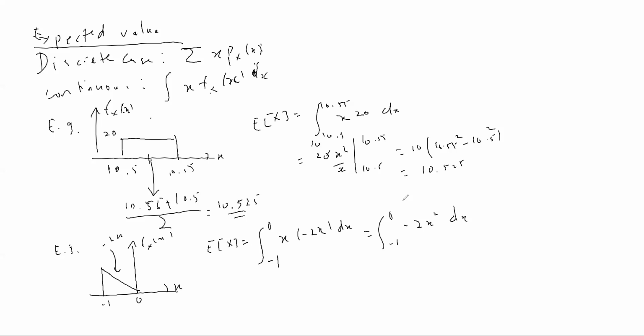So let us check whether we are correct or not. So what you get here is negative 2x cubed over 3 from negative 1 to 0. So that means what we get here is 0. It's actually at the end 2 over 3. So the answer is 2 over 3, which is closer to, sorry, have I made a mistake?